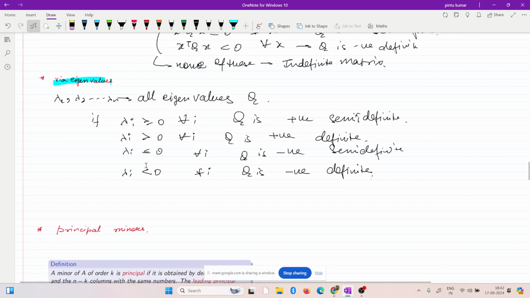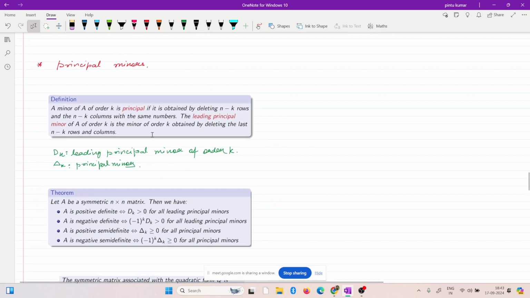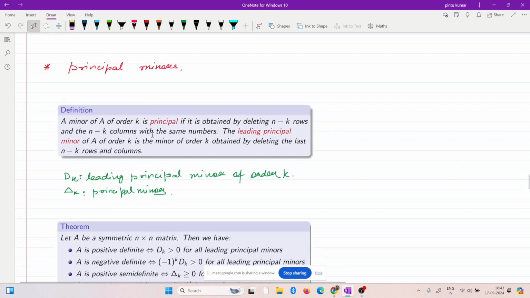Again, calculating eigenvalues is also not that pleasing a task, I would say. Not that easy. Sometimes the characteristic polynomial that you get might not factorize further. So now we will go to the easiest method, using principal minors.